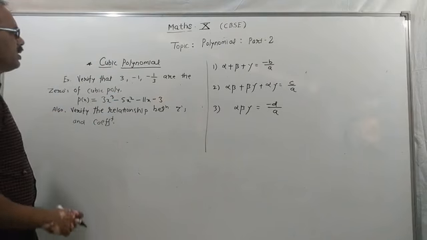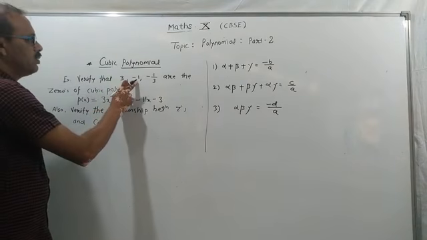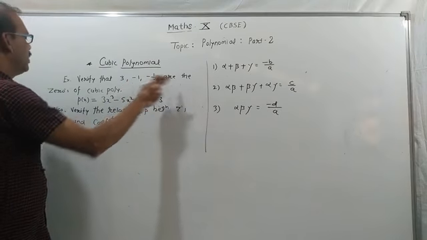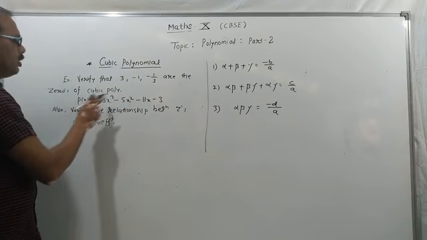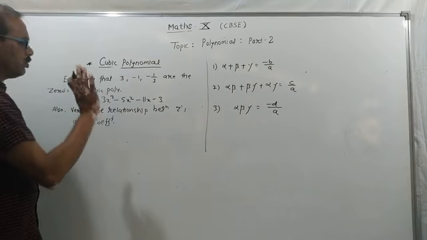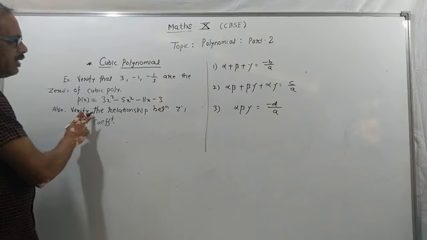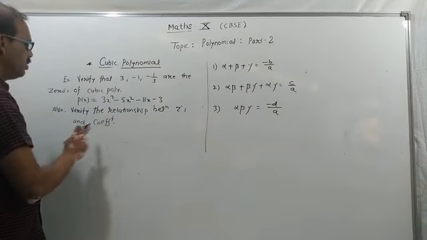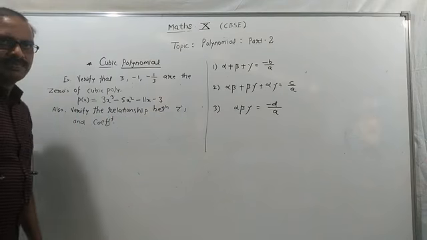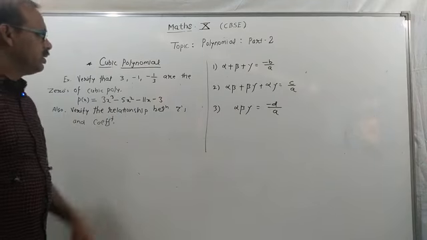It is given that 3, minus 1, minus 1 by 3 are the zeros of cubic polynomial represented by p of x equal to this. And the second part, we have to verify the relationship between zeros and coefficients. Okay, just read this question.